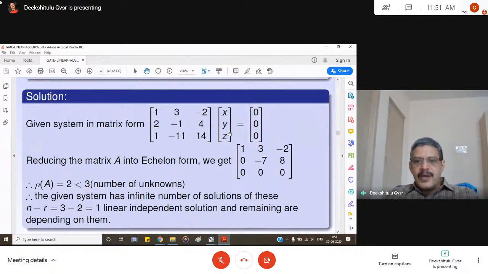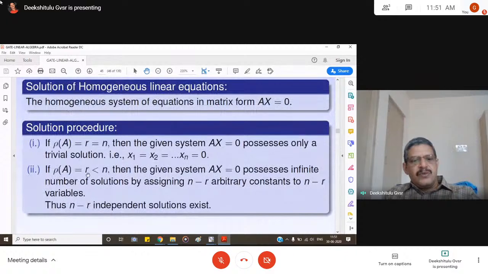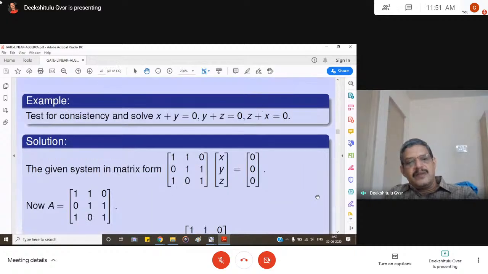How many variables we have? x, y, z. So what is the concept here? Whenever rank of A is equal to r, which is less than the number of unknowns, then we have an infinite number of solutions by assigning n minus r arbitrary constants to n minus r variables.